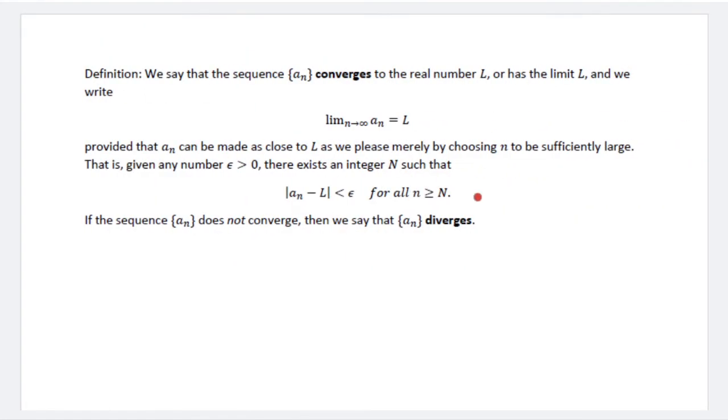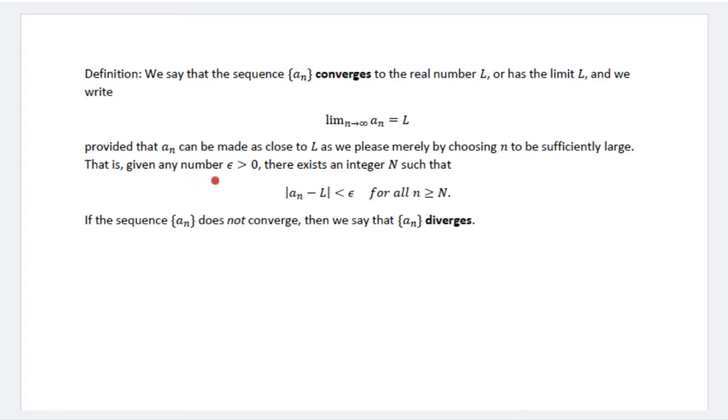Okay. So what do we want to learn here? We want to learn if our sequence is converging, that is going to a certain number. So let's have the definition. We say that the sequence an converges to the real number L, or has the limit L, which we write as limit of an is equal to L as n approaches infinity, provided that an can be made as close to L as we please merely by choosing n to be sufficiently large.